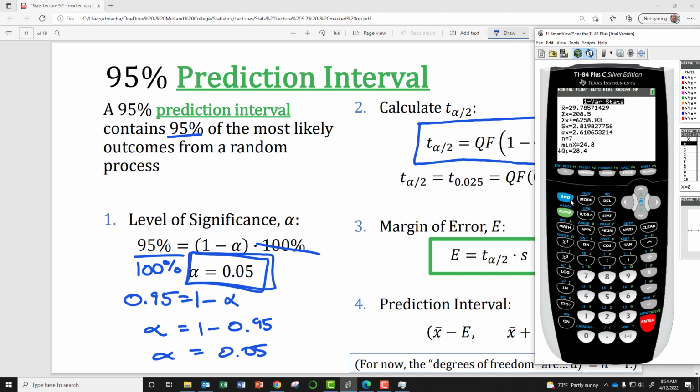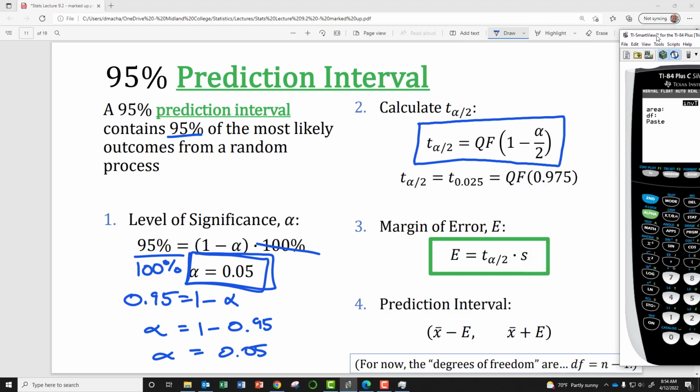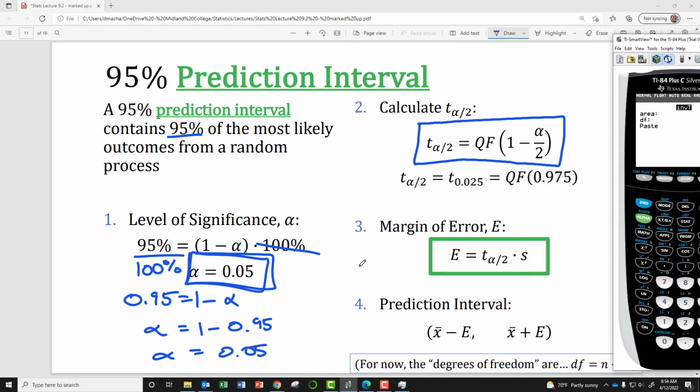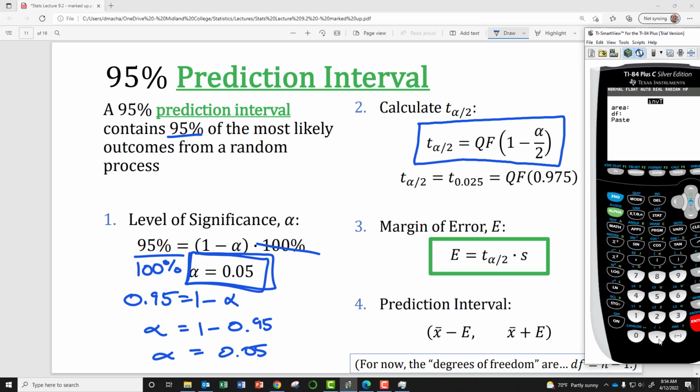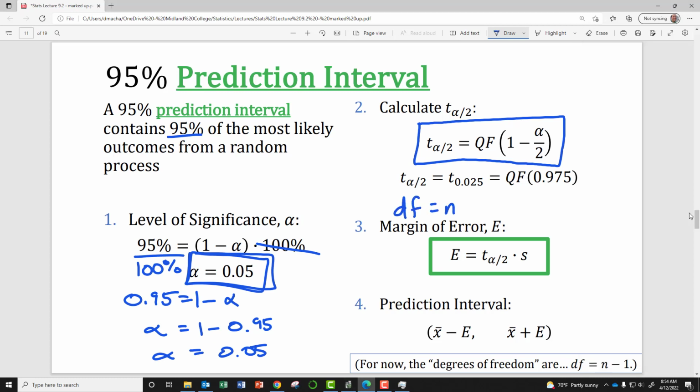So let's do that. We'll do second VARS. We go down to number 4 like we discussed earlier. My area here is going to be 1 minus alpha over 2. Well, since alpha over 2 is 0.025, my 1 minus alpha over 2 is going to be 0.975. My degrees of freedom is my sample size minus 1.